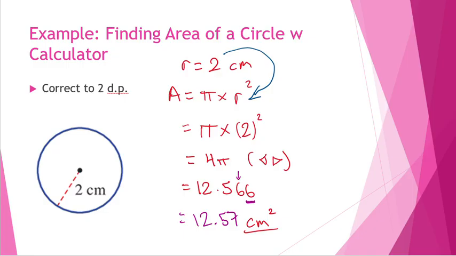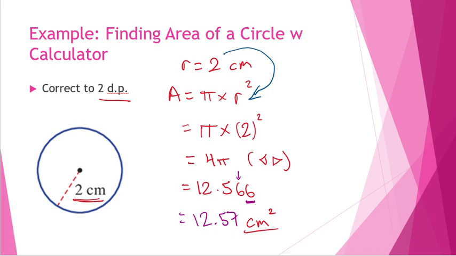All right. So I have my example here. It just says here correct to 2 decimal places. Just remember that. Now I have a full circle with 2 centimeters labeled here. All this diagram is saying is the radius is 2 centimeters.